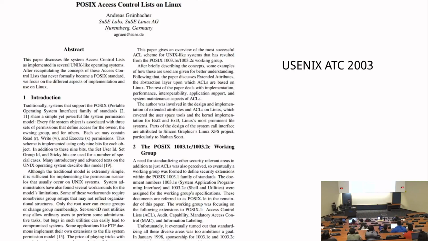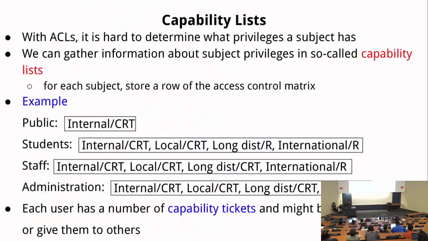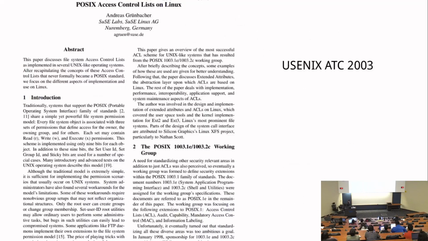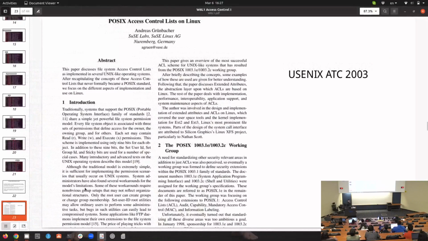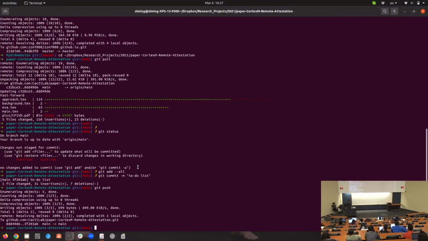It's one of the tier 1 or tier 1.5 conferences in operating system design. So in that paper, POSIX Access Control Lists on Linux, they basically implemented and presented a system to have a full access control list on Linux. And this system is actually available on most of your Linux boxes. So if you use Linux, you should have this.